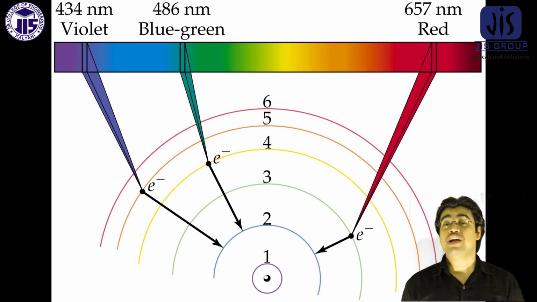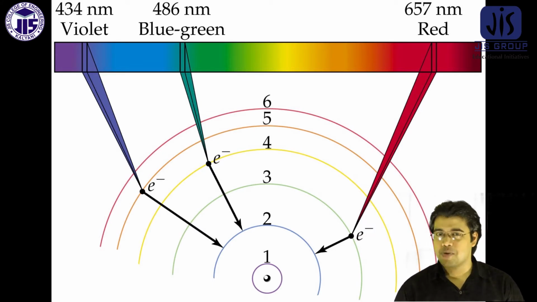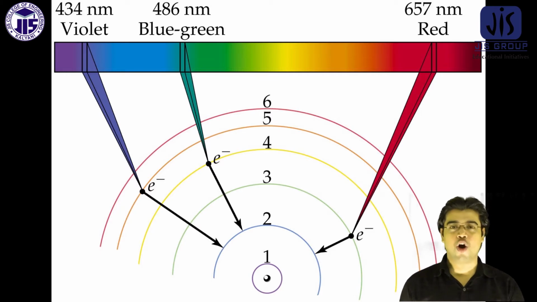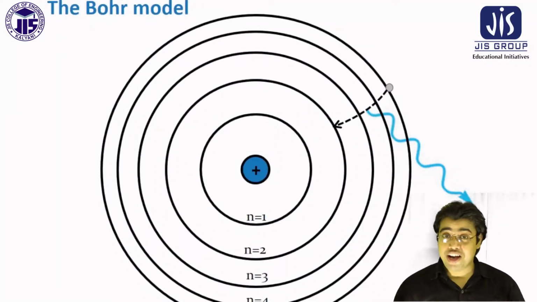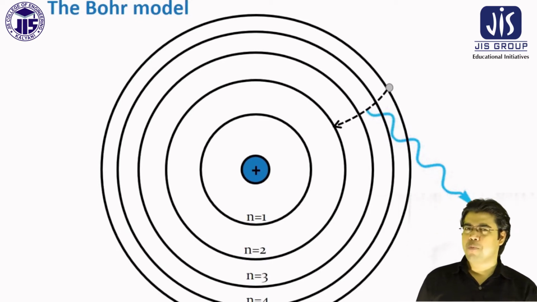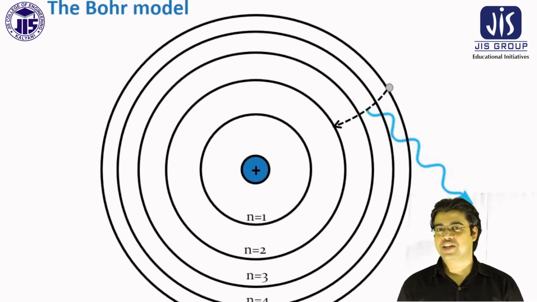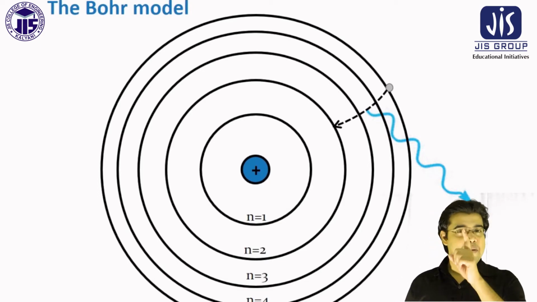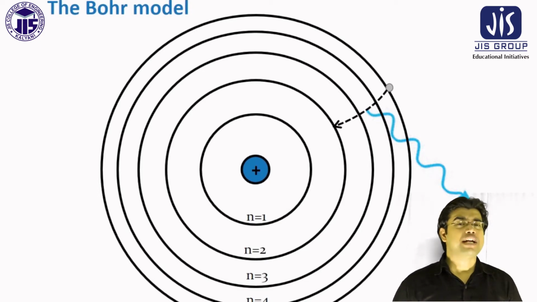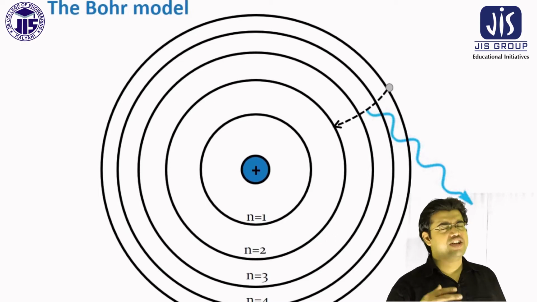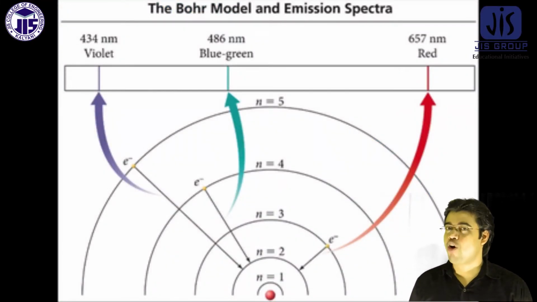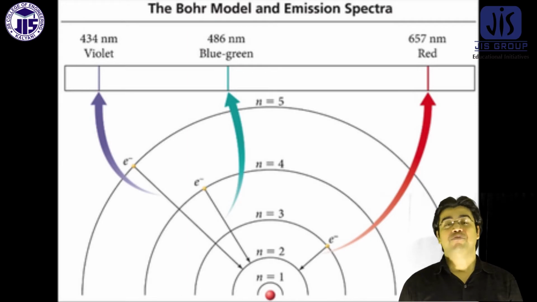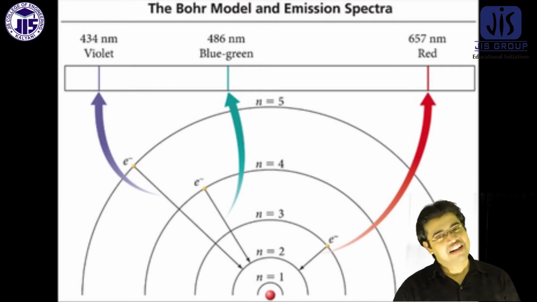That means we are not getting energy continuously, so there is no question of getting a continuous spectrum. But when an electron jumps from a higher to a lower orbit, only then can it emit energy. So sometimes we may get energy, sometimes not, and that is the concept of the line spectrum. That's why we get a line spectrum from the atom, not a continuous one.